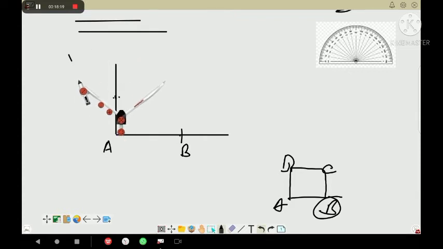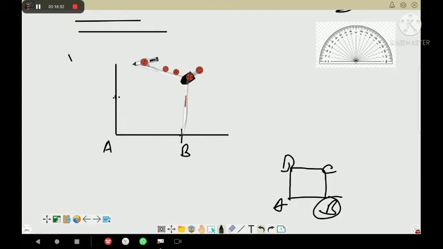Since it is in my tab, I have some difficulties. So in this way, we put the compass with the radius 7 centimeter.